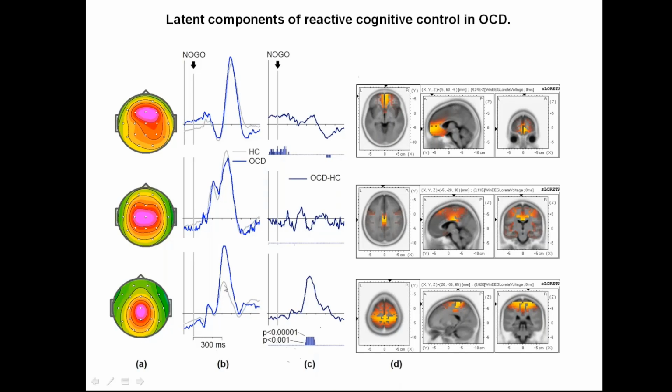Instead of suppression, a decrease of this component generated in this cortical area, you can see an excess of activity in the OCD patients, as well as an excess of the response in the frontal component.